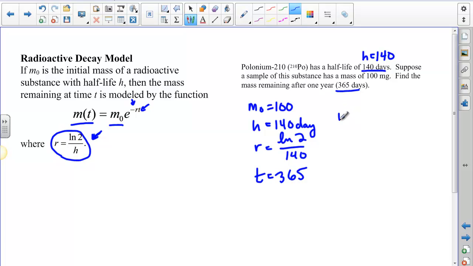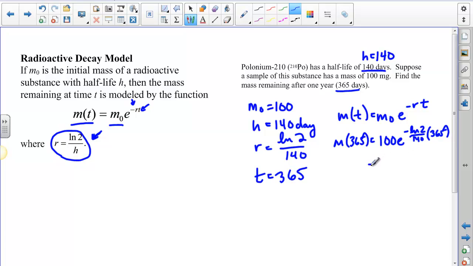So plugging in what we know, M of t equals M sub 0 e to the negative rt. I'm going to say M of 365 equals 100 e to the negative natural log of 2 divided by 140 times 365.